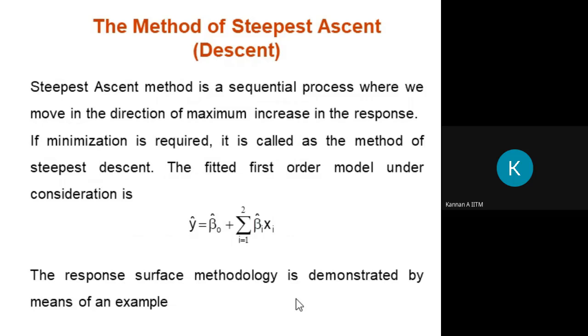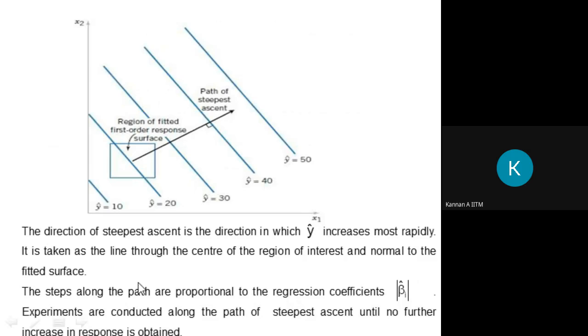I think what we'll do is I'll just give an example. Let us say our response is like this, and fortunately in this case there is no interaction between x1 and x2, so you don't have any curved responses here.